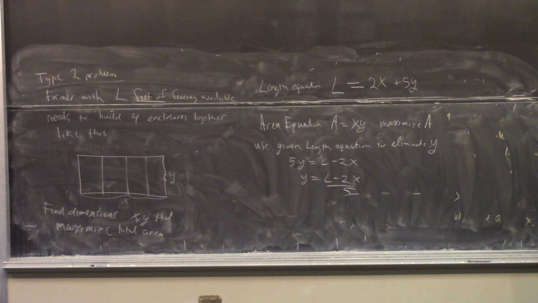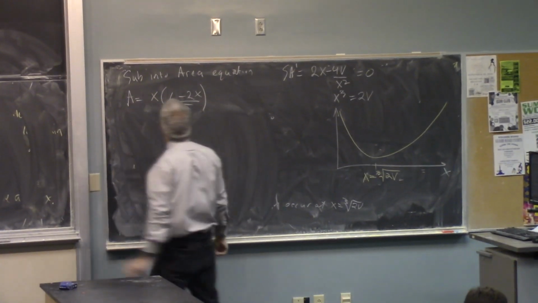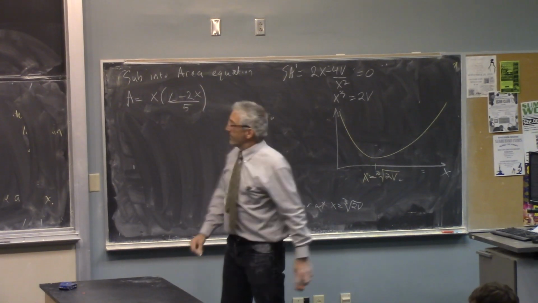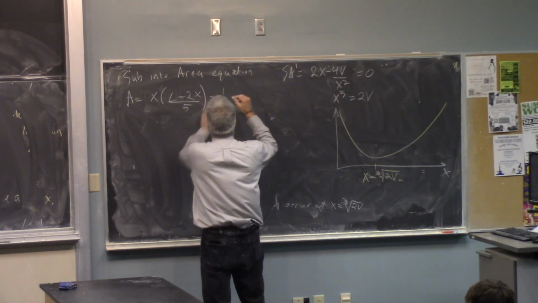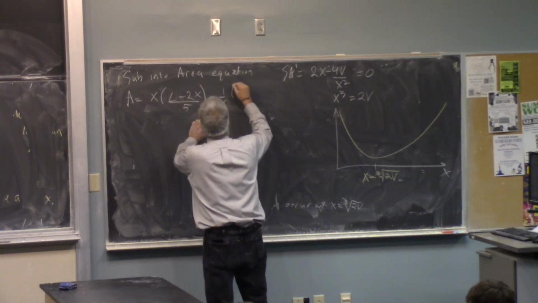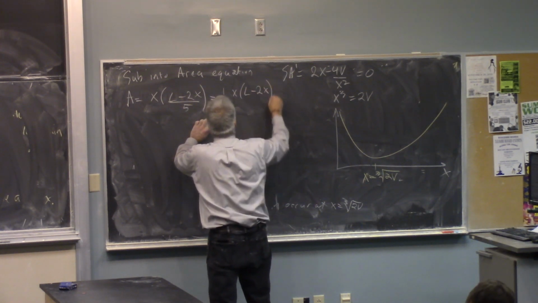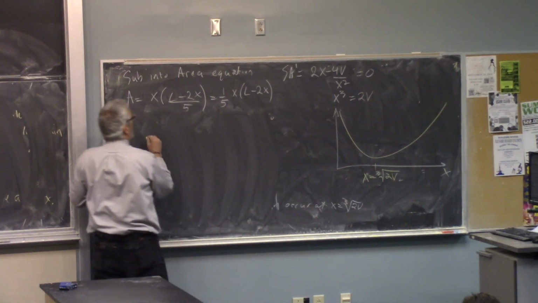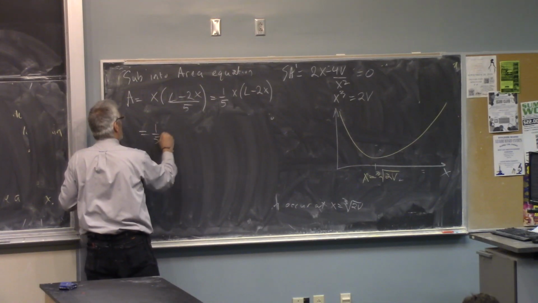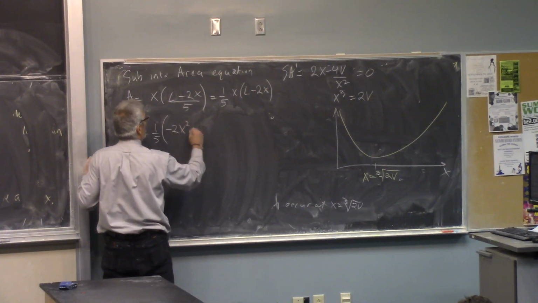So A is going to be x times L minus 2x all over 5. Now I'm going to write this in a few different ways. This can be written as, pull out the 1/5, and I have x times L minus 2x. Or I can also write it as 1/5 times minus 2x squared plus xL.